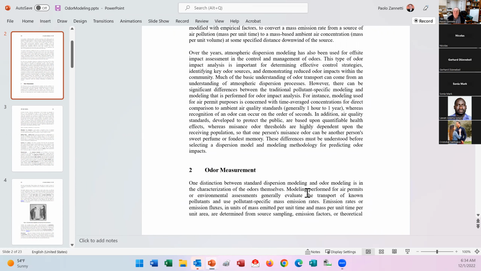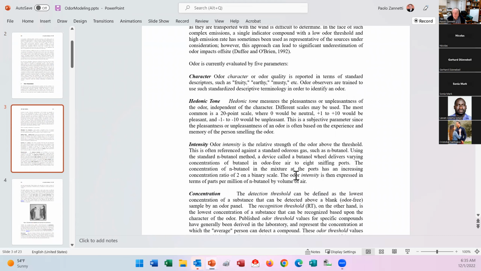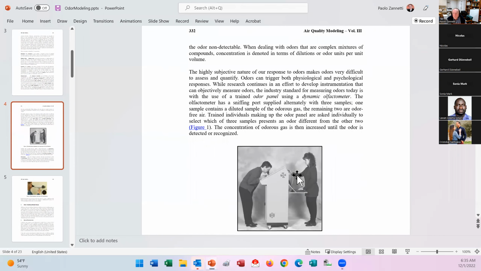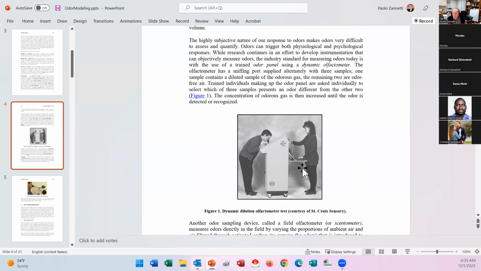You can grab, for example, a certain amount of air, take this air to the laboratory, dilute it, and after this dilution, give a test to a panel of 5 or 10 people.